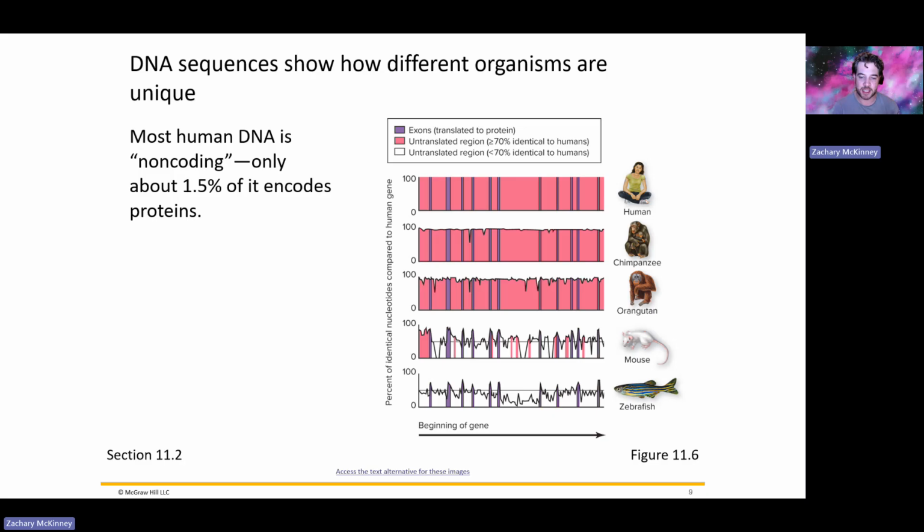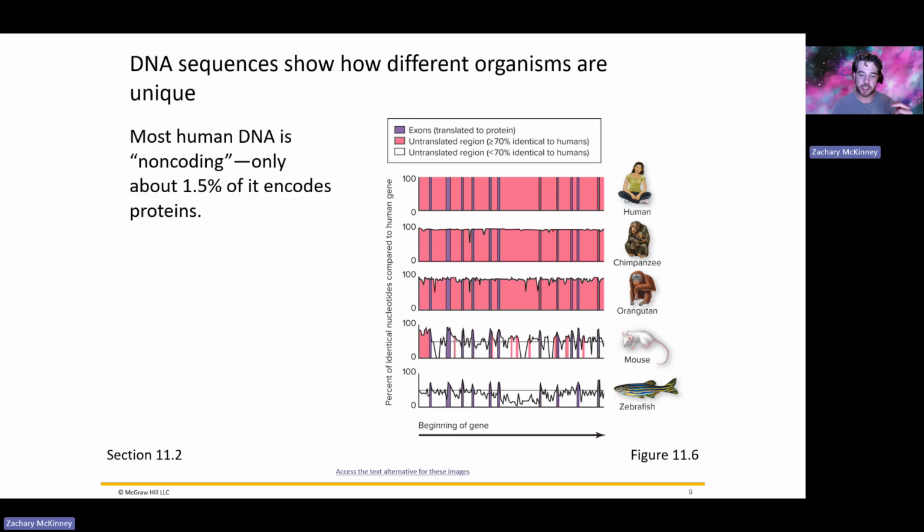There's some overlap within our exons, coding for normal proteins that animals have to have, that put us all within the same kingdom at least. But there's not a whole lot of other DNA regions that overlap with humans in zebrafish, which is why we really can't use zebrafish as an organism for how humans would react, versus mice or rats or chimpanzees or orangutans.